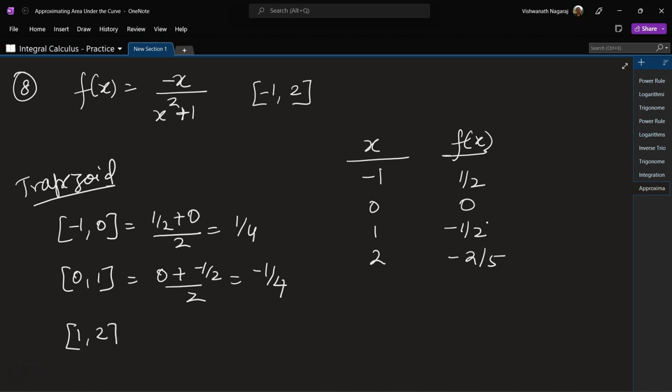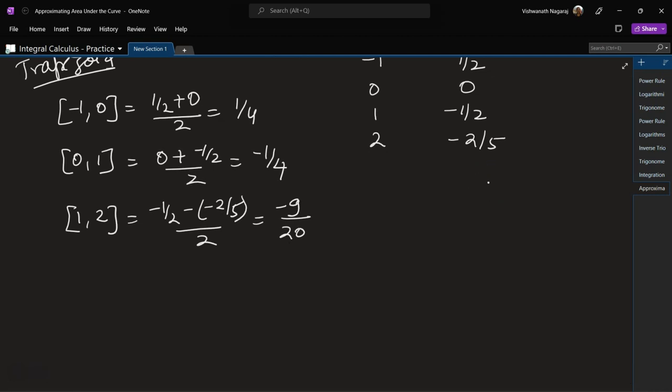And from 1 to 2, it gives us minus 1 by 2 minus 2 by 5 by 2, which gives us minus 9 by 20. Okay, and if we add up all these, we get minus 9 by 20 because these two get cancelled out. And this is approximately equal to minus 0.45.